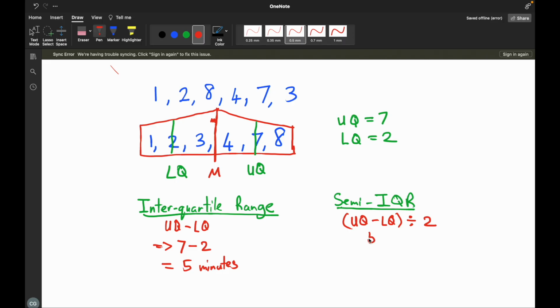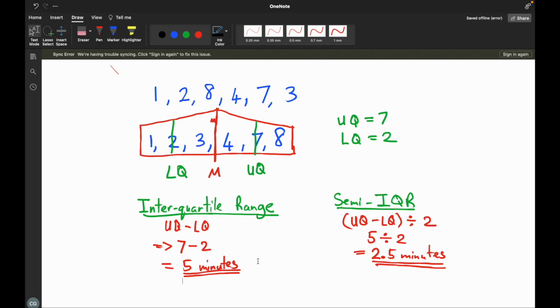So our semi-interquartile range is going to be 5 divided by 2. So then we're going to get 2.5 minutes as our semi-interquartile range. Does that make sense? Y'all follow? All right, good.